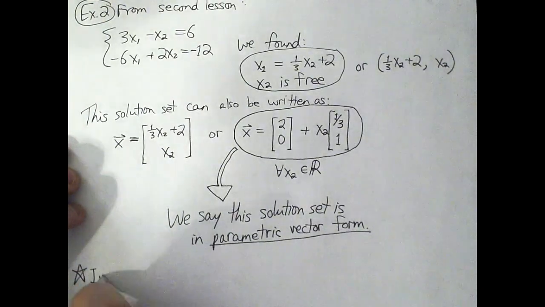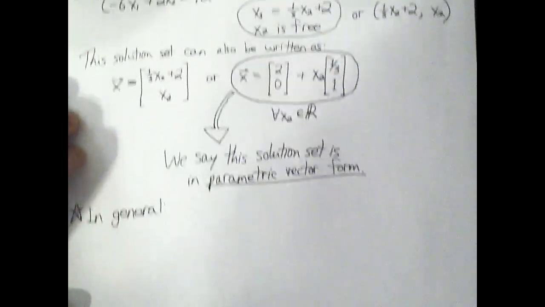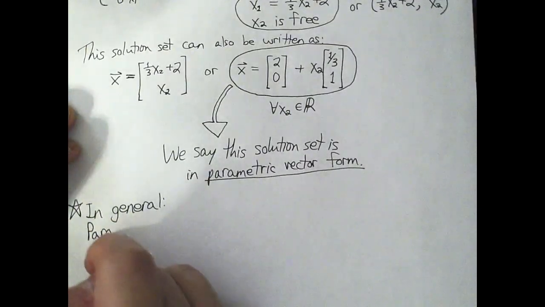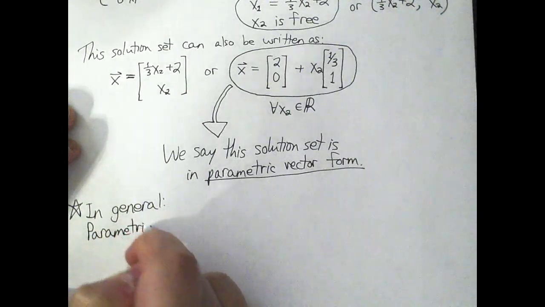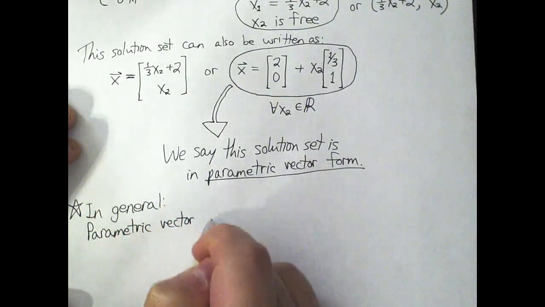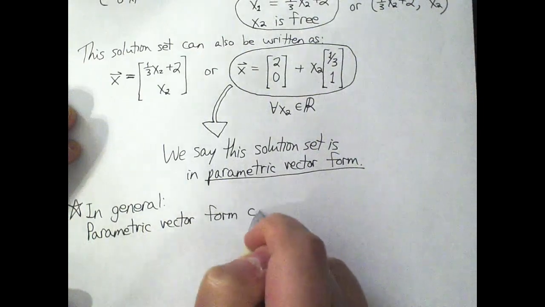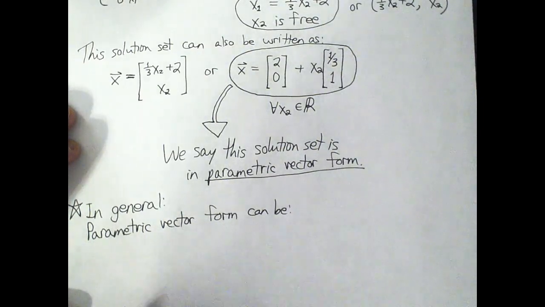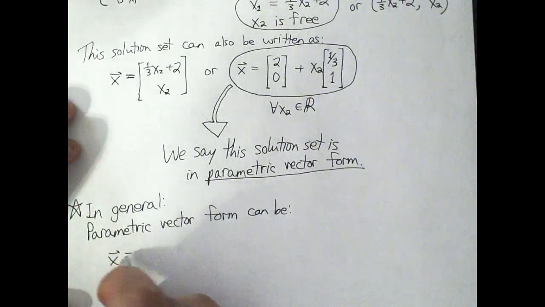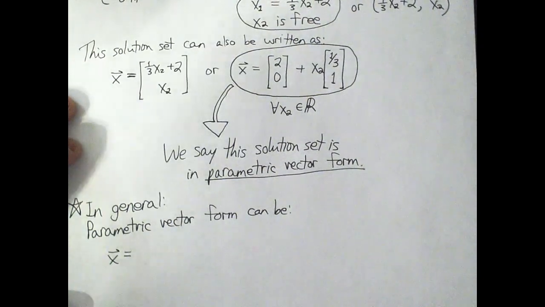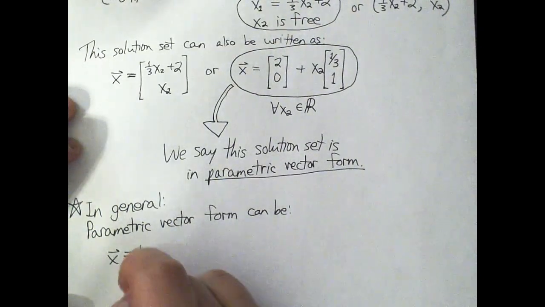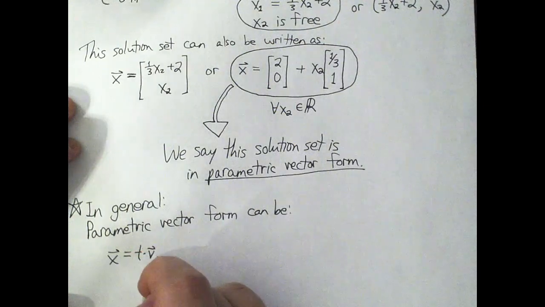So in general, parametric vector form can be x equals a constant times a vector.